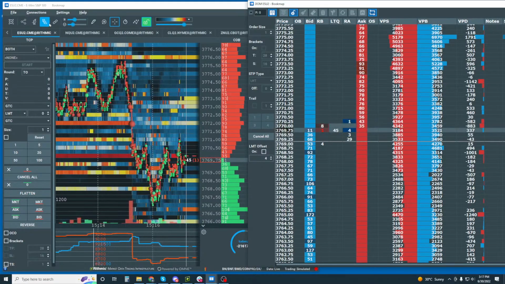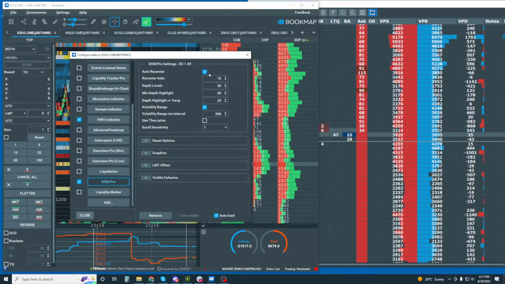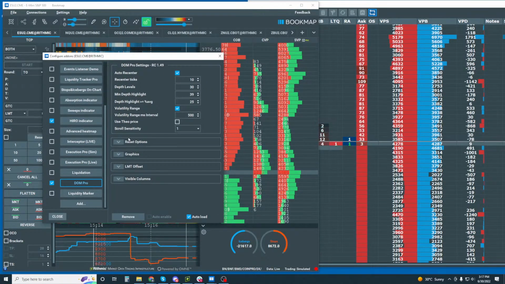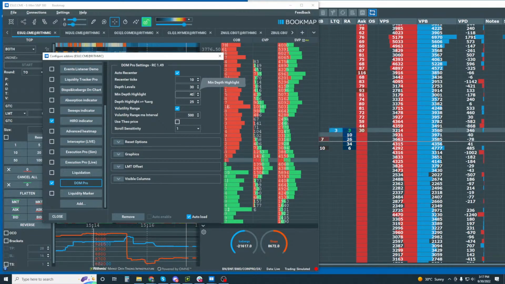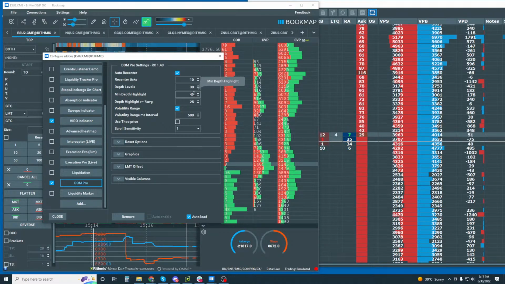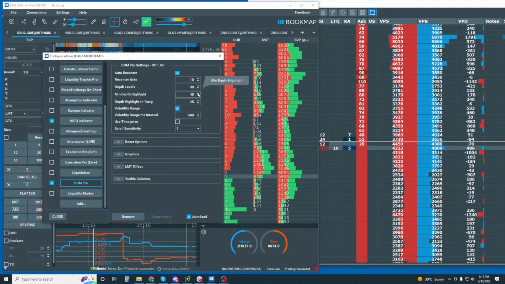That setting is done through the minimum depth highlight here. So when the contracts go up more than 40, that's correct, Daniel? Yes, contracts up more than a minimum of 40, and the quantity you're displaying is at least 25% of the total.